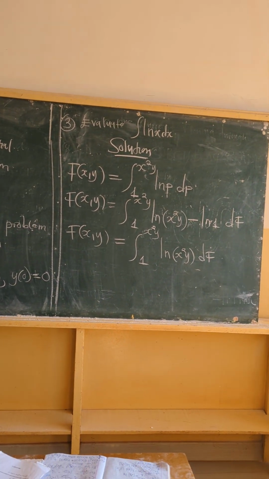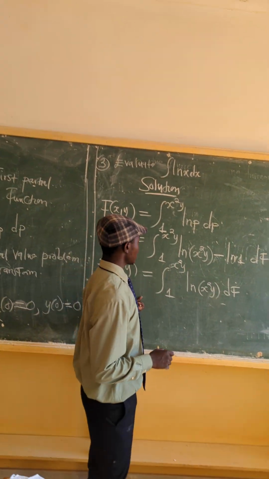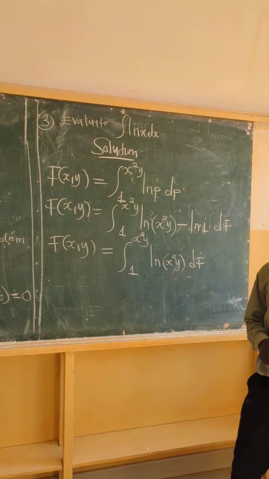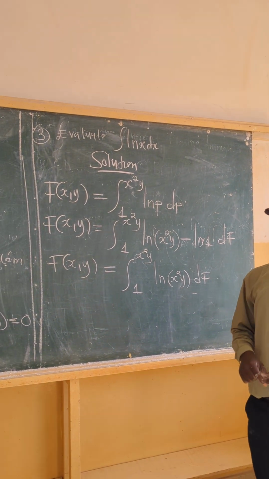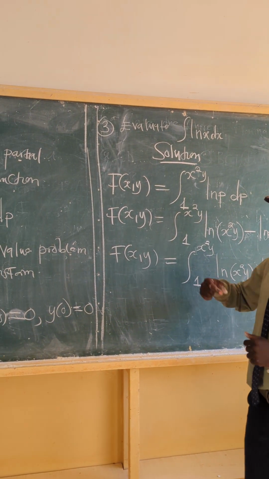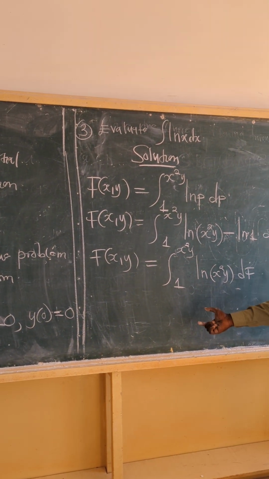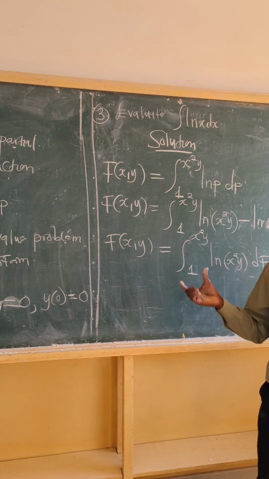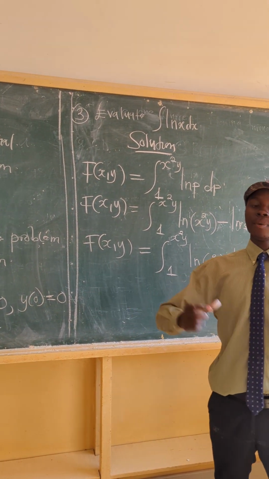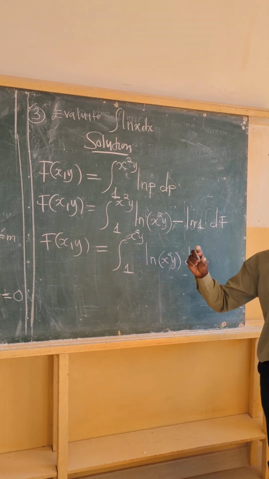This means that we are going to differentiate with respect to x as well as y. We differentiate df with respect to y and also df with respect to x. That will be our partial derivatives which they want us to find.